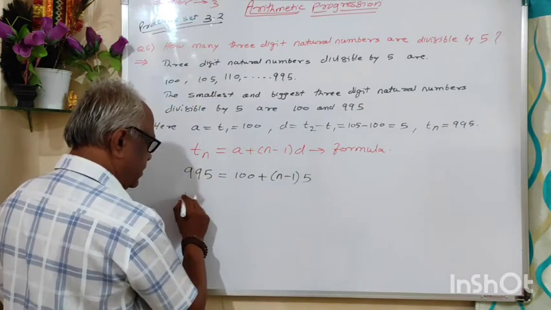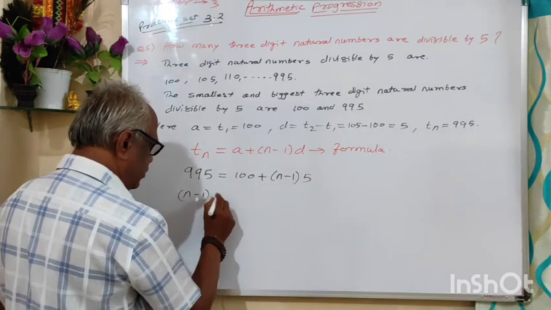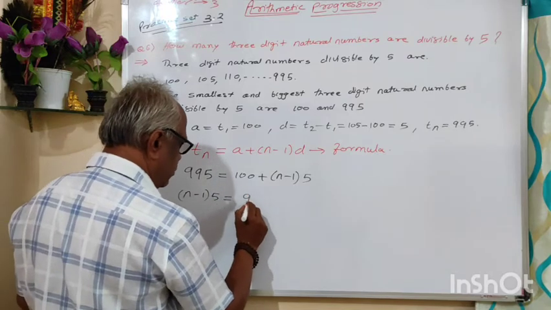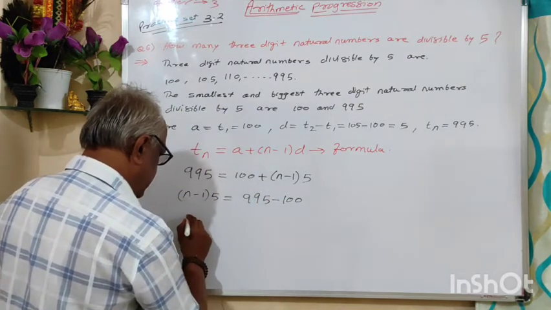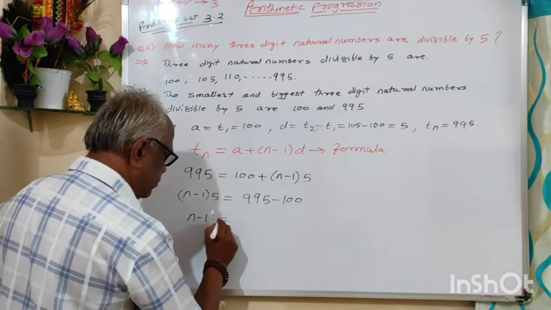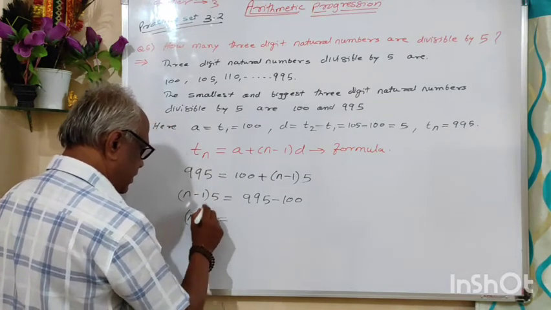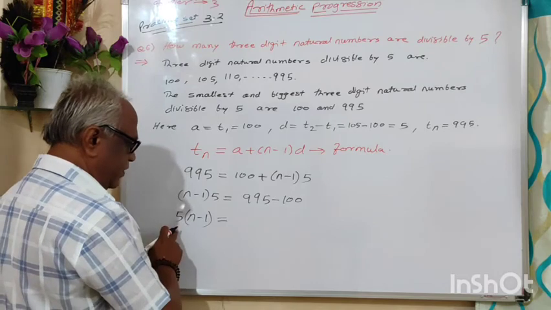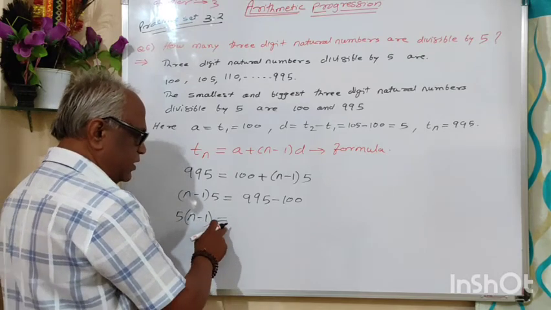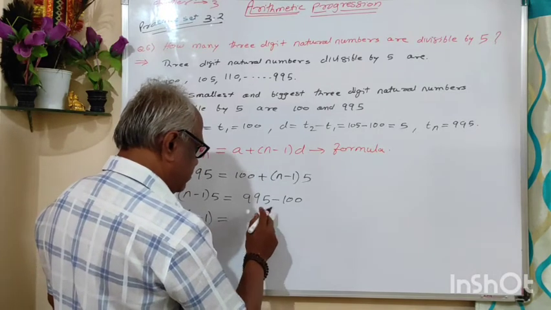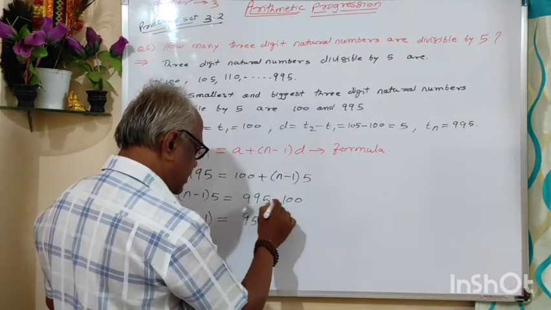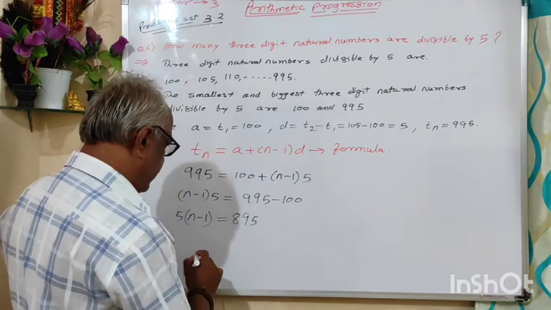Therefore 5 in bracket n minus 1 is equal to 995 minus 100, that is 895.